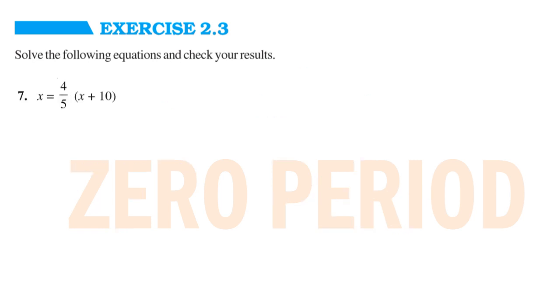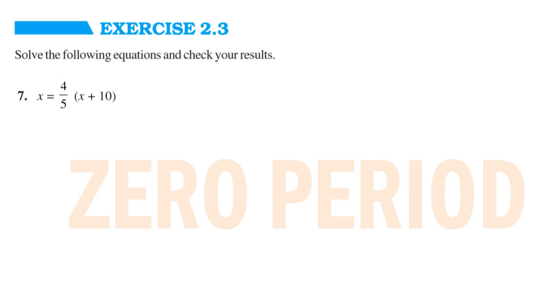Question number 7, x equal to 4 by 5 in bracket x plus 10. There are two ways to solve this question. One is to open the bracket and do the next part, it means after opening the bracket you go for transposing. But I suggest first transpose that 5 to the left hand side. It would be easier.